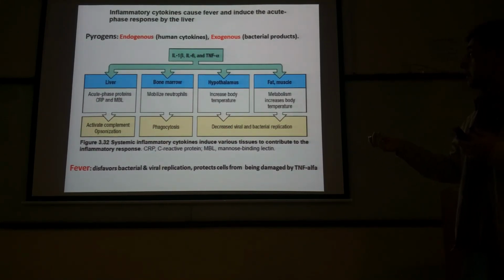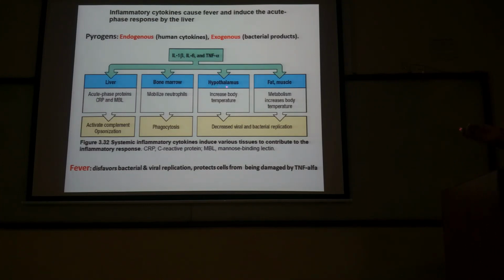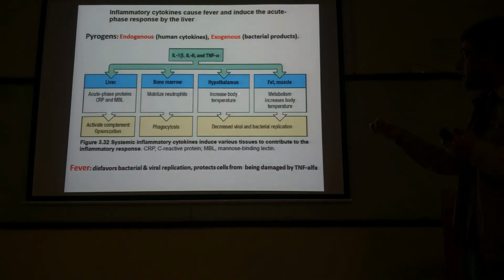And not only by that mechanism, it can also directly affect the fat and muscle cells, and it can increase the rate of metabolism in these cells, and that would also increase the body temperature needed there. So why this response?